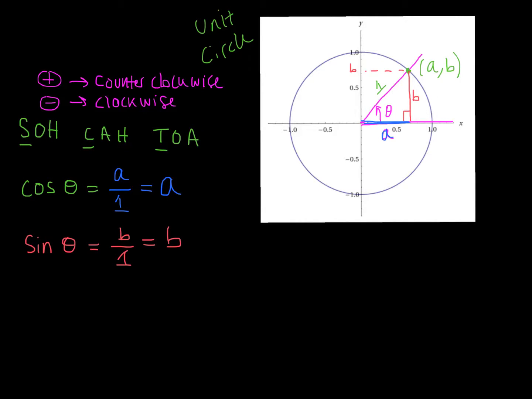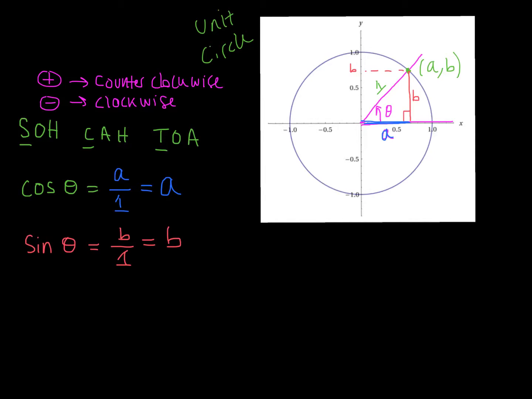So we have just discovered something incredibly useful. For the point that will follow along the circle, the x value is the cosine of whatever the angle is that created the ray that intersected our unit circle. So this A value, whatever it is, no matter where I am, is going to be the cosine of that angle.